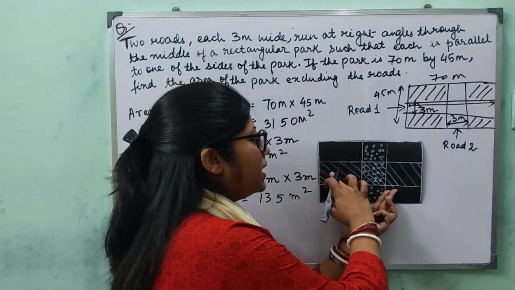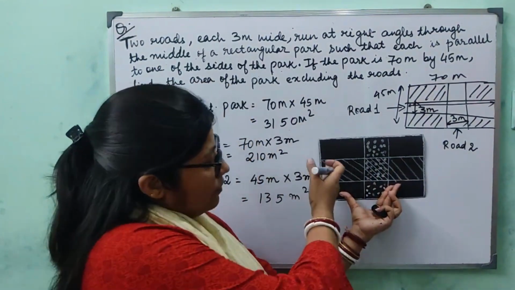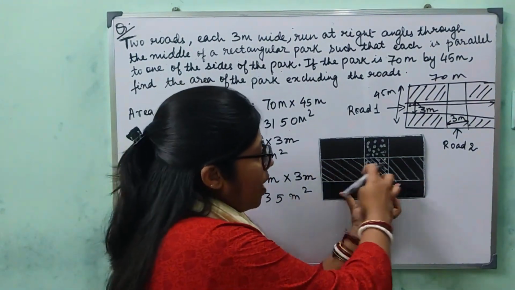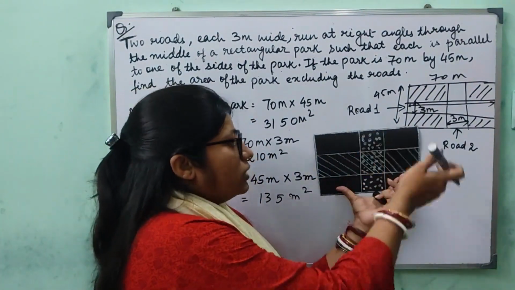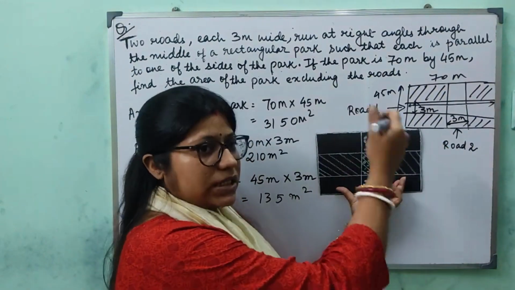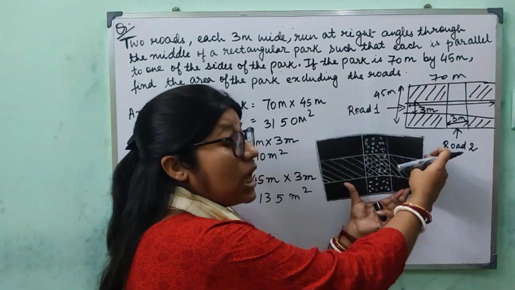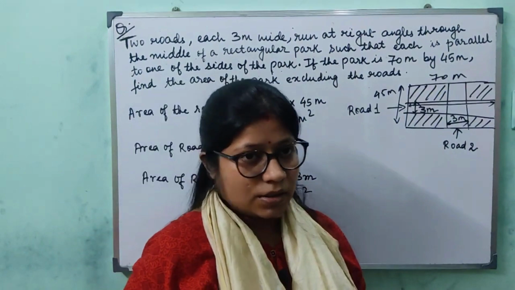Now when I was considering the area of road 1, I had covered this area once. Second, when I was considering road 2, then also this area was considered. That means this portion was considered twice.